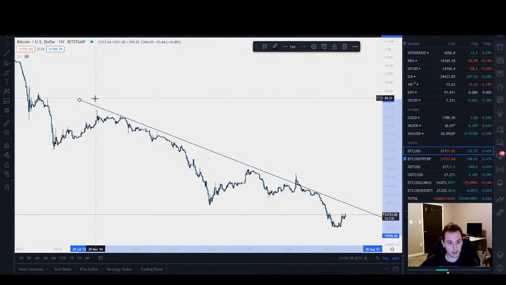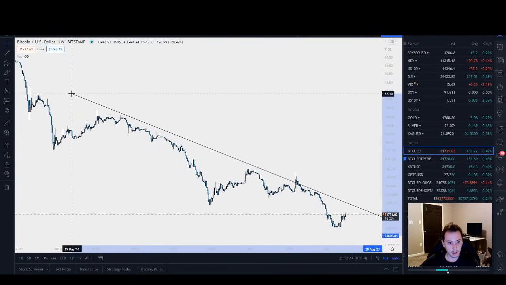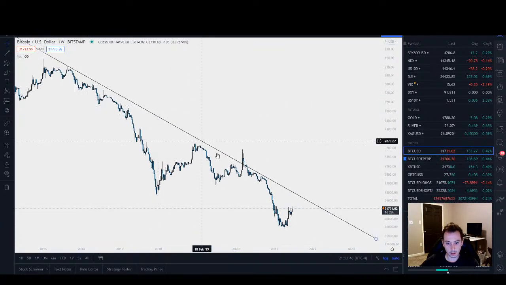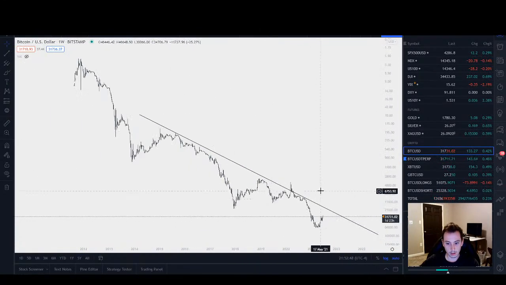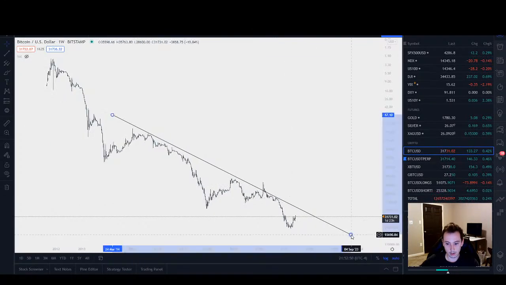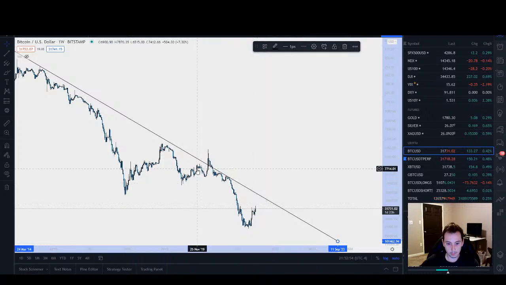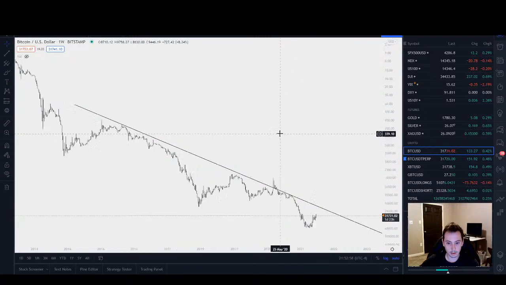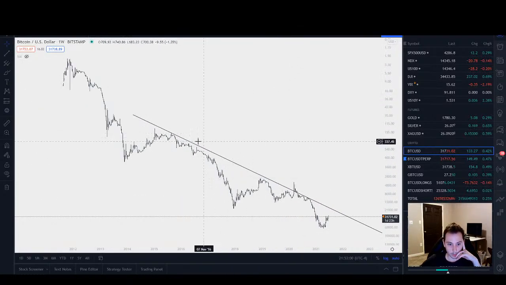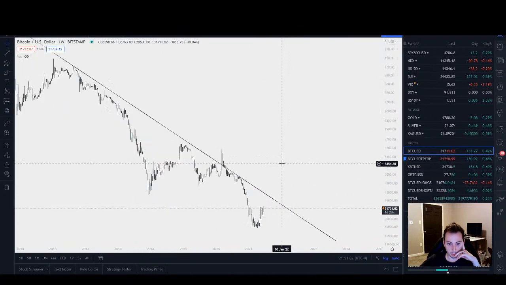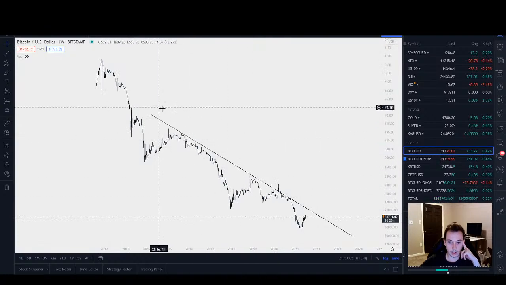And yes, it's probably a wick into it there. And I think we came in and touched it here. I think we broke below it, came out, and got some support off of it, and then went on the way. So there's your primary trend line for Bitcoin price action, in my opinion.